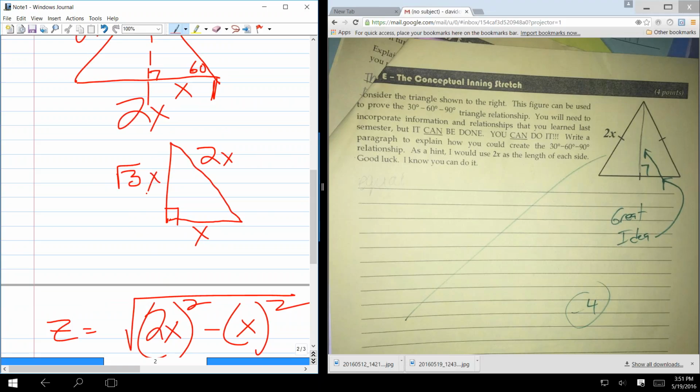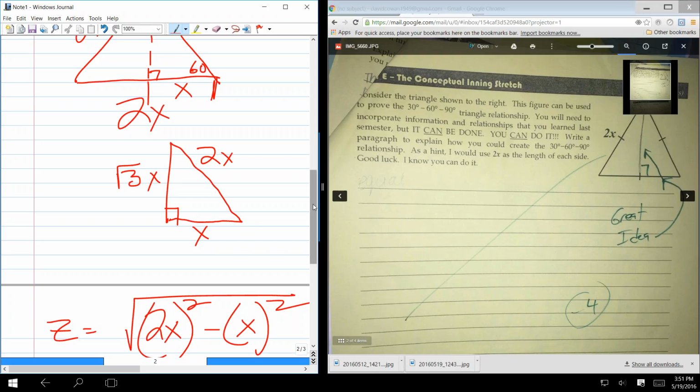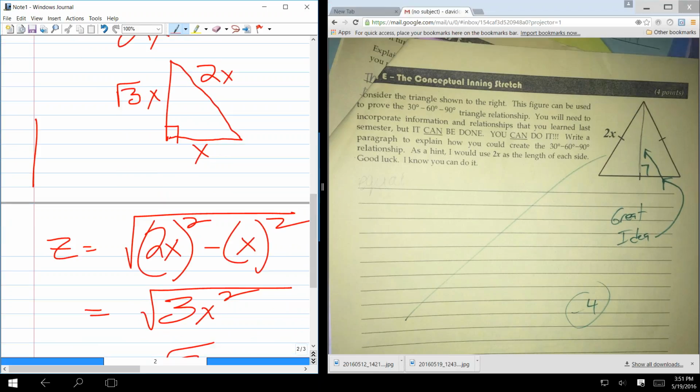Now, the only point of having an x in there is because when we're talking 30-60 right triangles, we're talking all multiples of them. I actually prefer to teach this by teaching what I call the unit 30-60. And the unit 30-60 is 1 opposite the short side, square root of 3 opposite the 60-degree angle, and 2 as the hypotenuse.